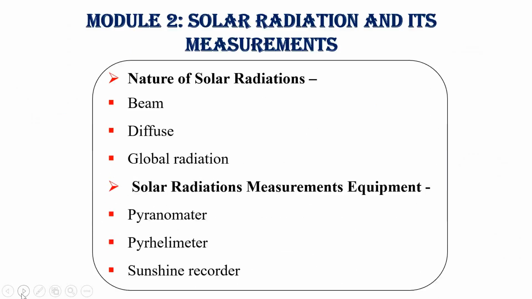I have covered the nature of solar radiation in terms of beam, diffuse, and global radiation. I have also discussed the solar radiation measurement equipment, that is the pyranometer, pyroheliometer, and sunshine recorder.